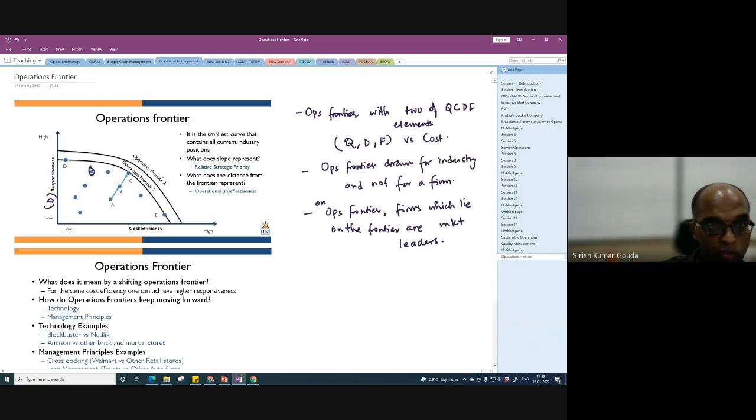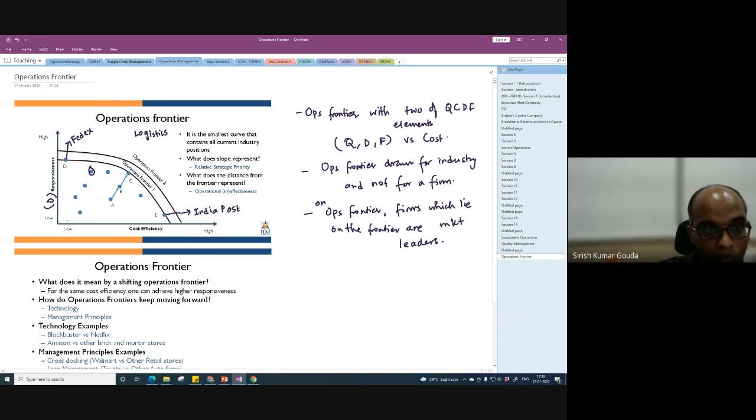The operations frontier 1, and D, C, and E are the market leaders according to this. As I had taken the example of the logistics industry in the class, if I were to take FedEx and India Post, something like D would be my FedEx and something like E would be my India Post. This is what we had discussed.